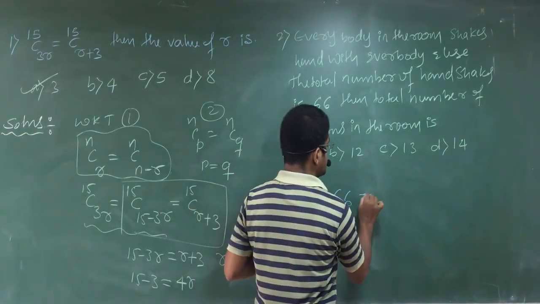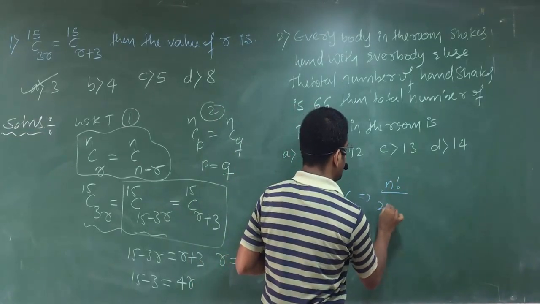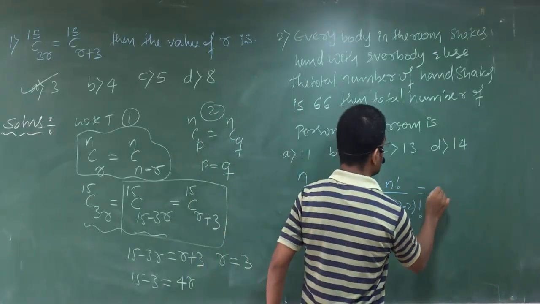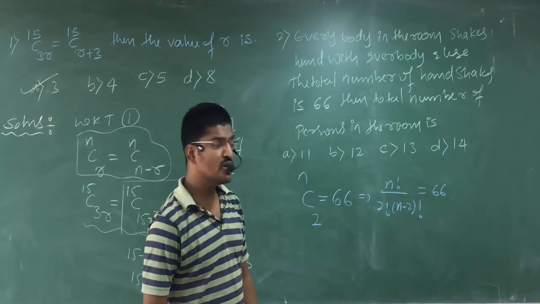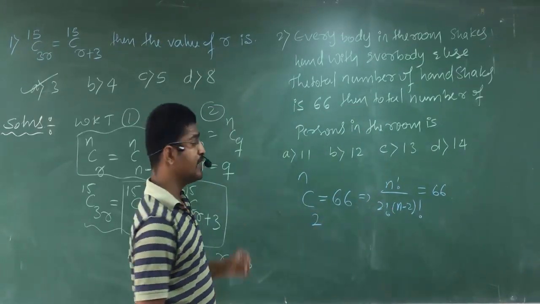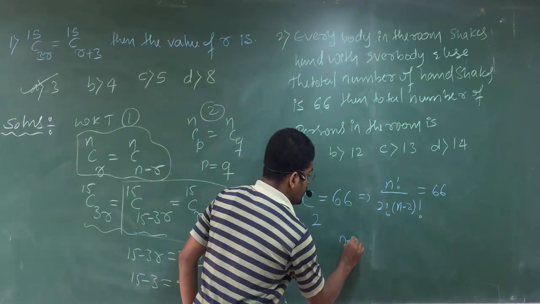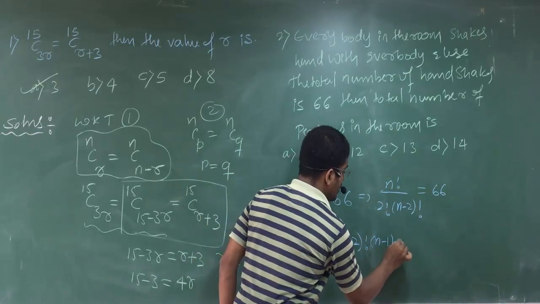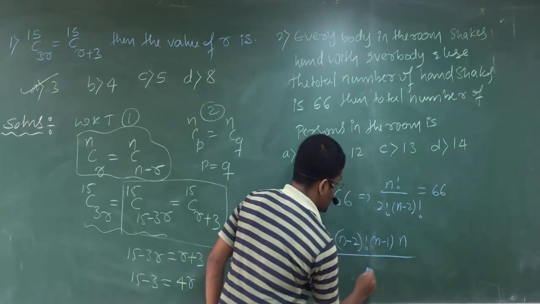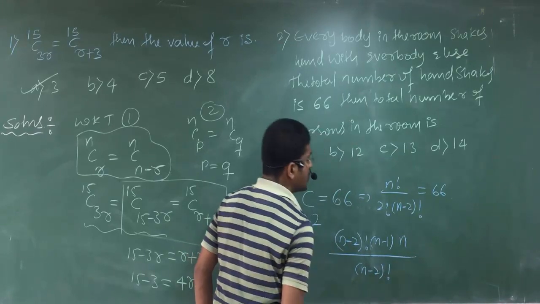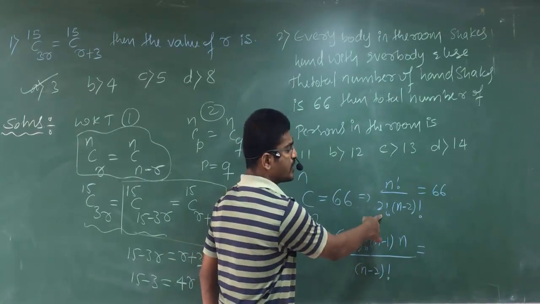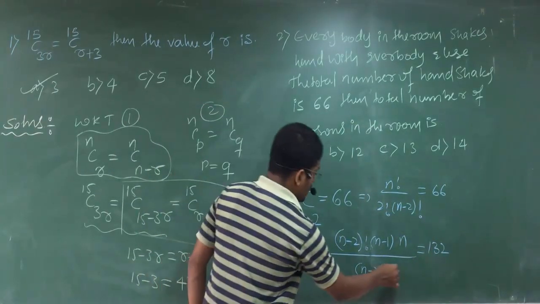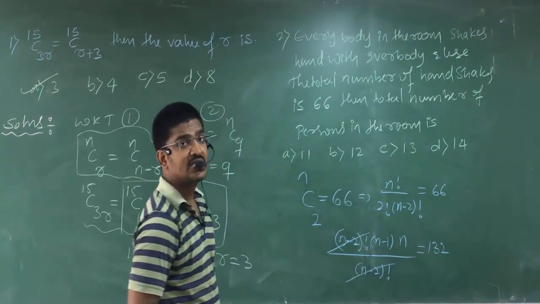So this implies n factorial divided by 2 factorial into (n-2) factorial is equal to 66. Listen here, n factorial can be written as (n-2) factorial into (n-1) into n, divided by (n-2) factorial, equal to, taking 2 factorial to this side, 132. Now (n-2) factorial are cancelled.